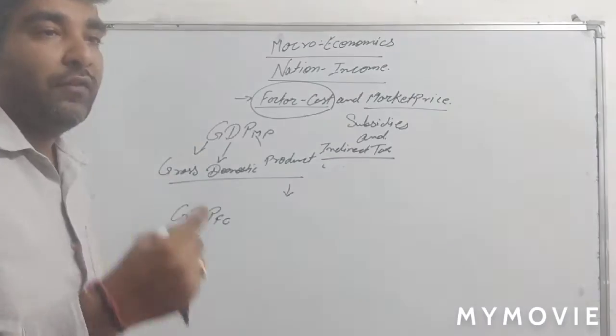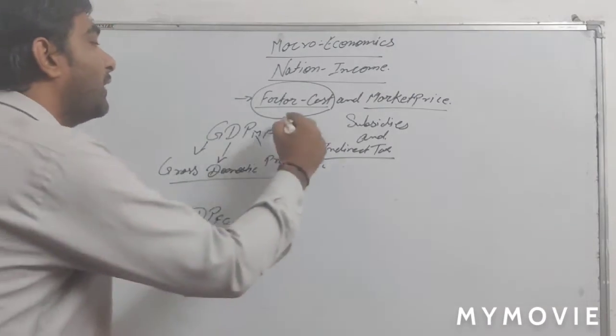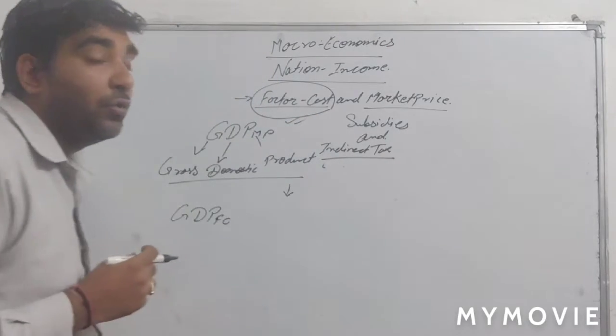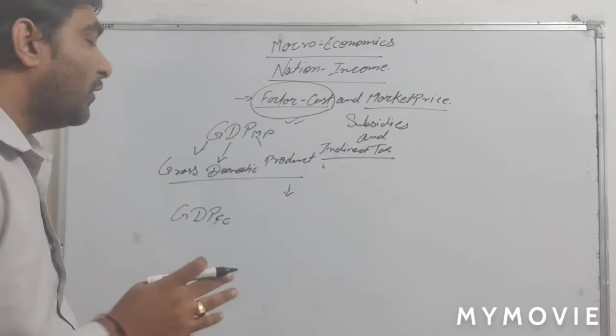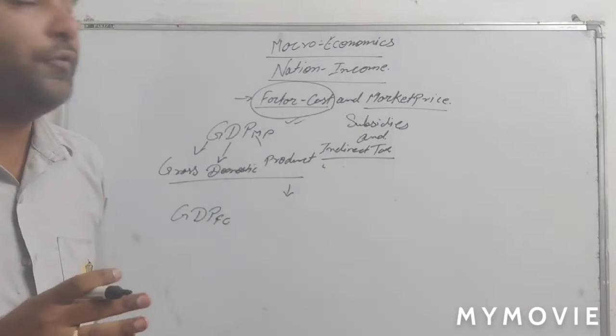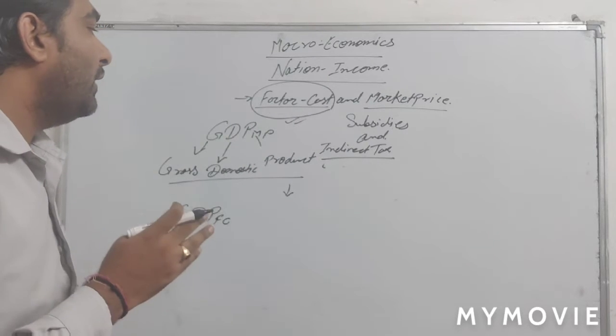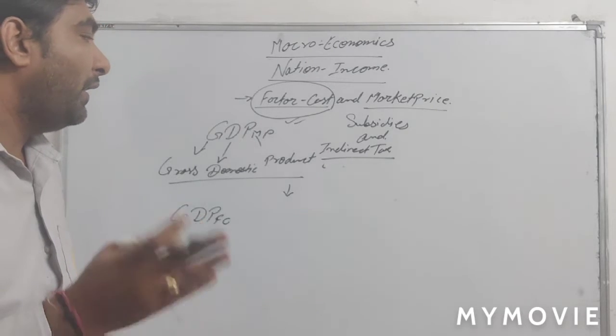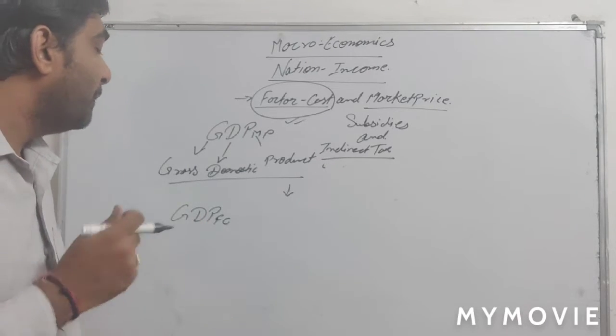So we always calculate the factor cost, because taxation and subsidies are already reduced for the GDP concept, because in the methods of calculating national income, such as the income method and the different forms of method, we already subtracted them.